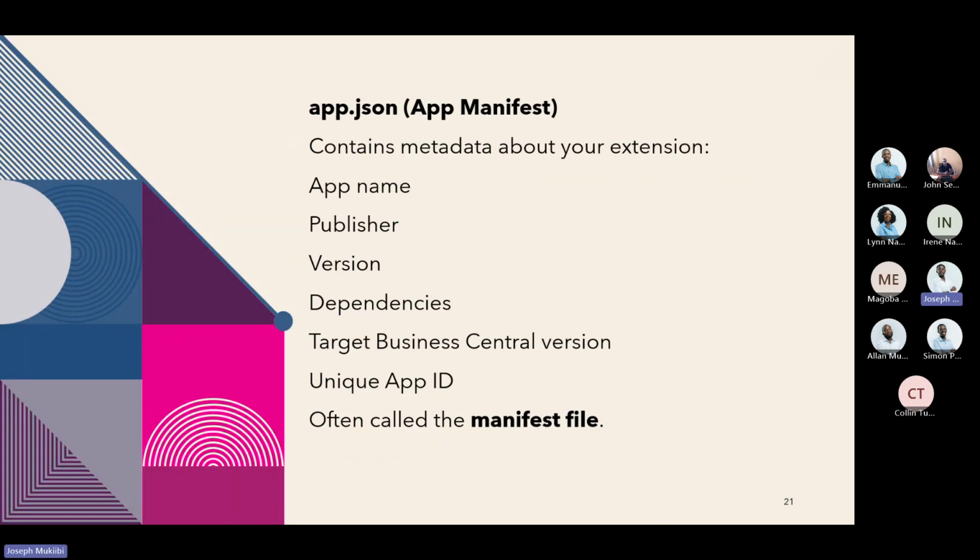Then we can go to app.json, which contains the metadata of your extension, which includes the app name, the publisher, which we usually use HRP Solutions. You can also put the dependencies, the target environment, and then we have the unique app ID. The unique app ID is generated on creation of the extension.